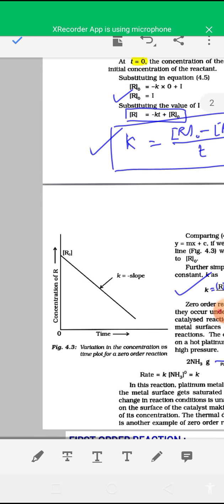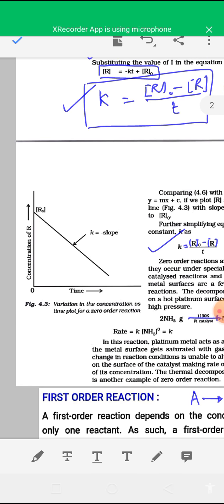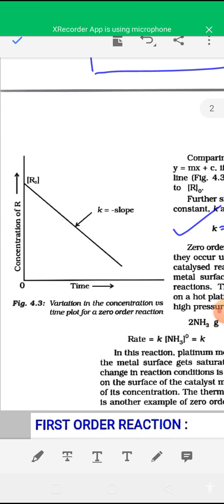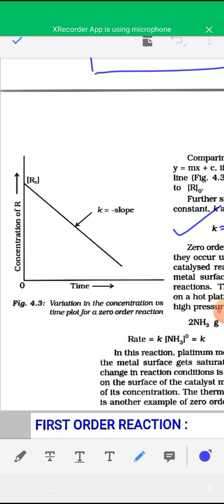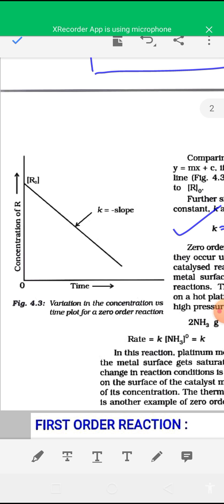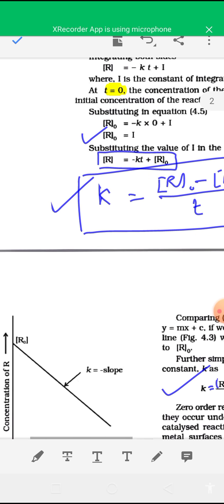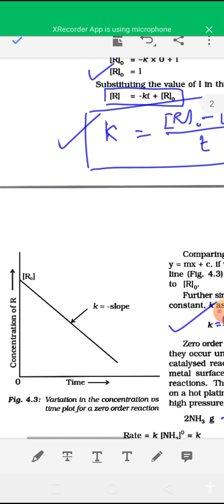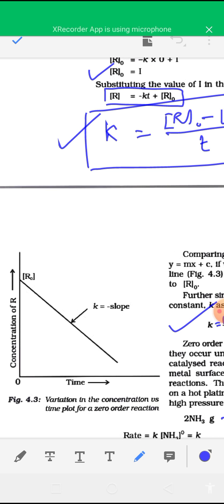Graphically, you can show the variation in concentration of reactant with time for zero order reaction. For zero order reaction, we know that [R] is equal to [R]0 minus kt. According to this equation, [R] equals minus kt plus [R]0, which is similar to the equation of a straight line.